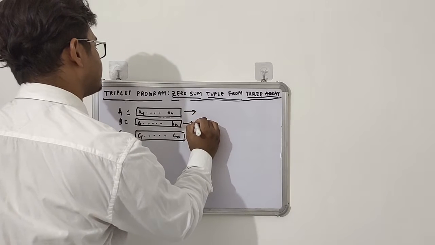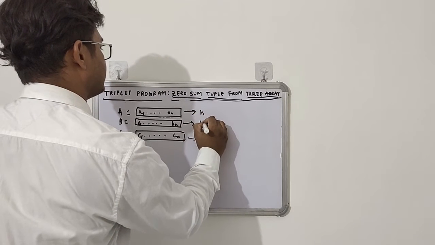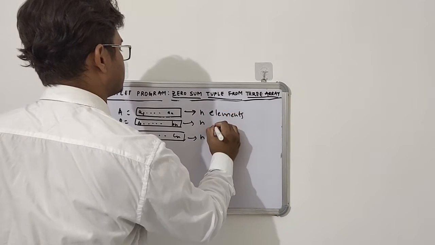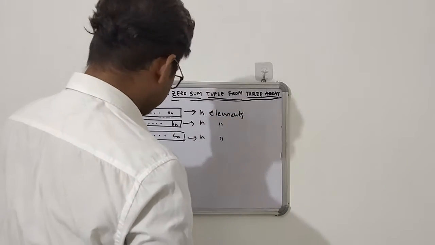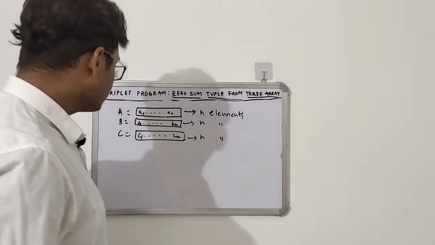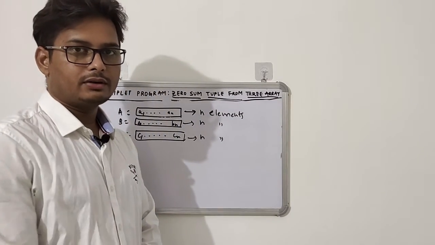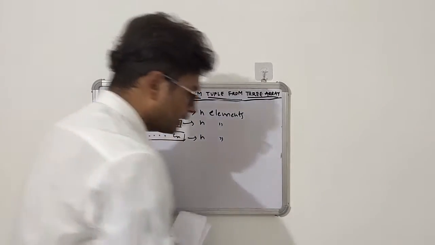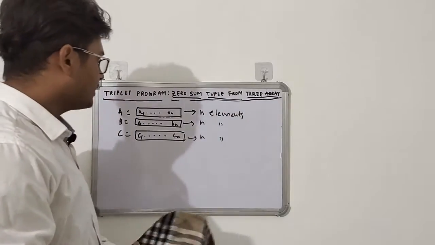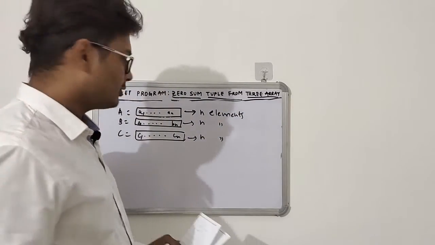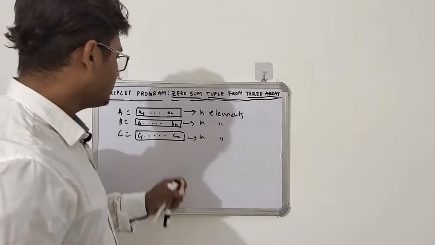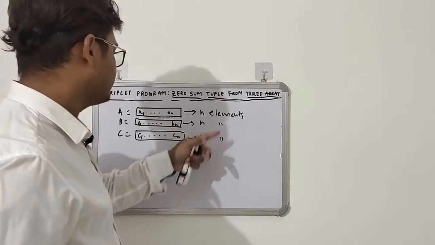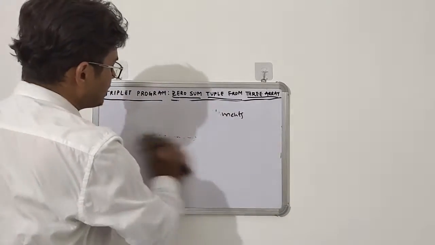Each array has n elements, it's already given. Now what we can do, our first step, let me rub it, because my board is too small. Please keep in mind, array A has n elements, array B has n elements, and array C also has n elements. So what will be our first step?